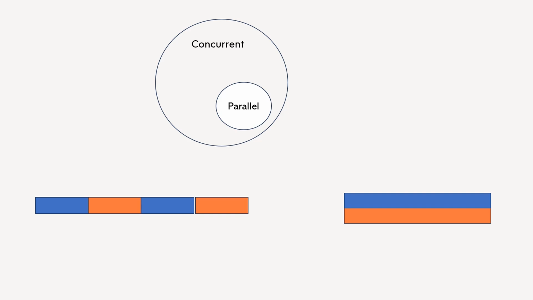To understand the concurrent process in a better manner, think of blue and orange as two tasks, and see how the time slice is given by the processor to each task, and both progress in such a way that there is a feeling that they are in parallel, but they are not. And at the same time, for the parallel tasks, both blue and orange tasks are executed at the same time, so that they complete in parallel, right?